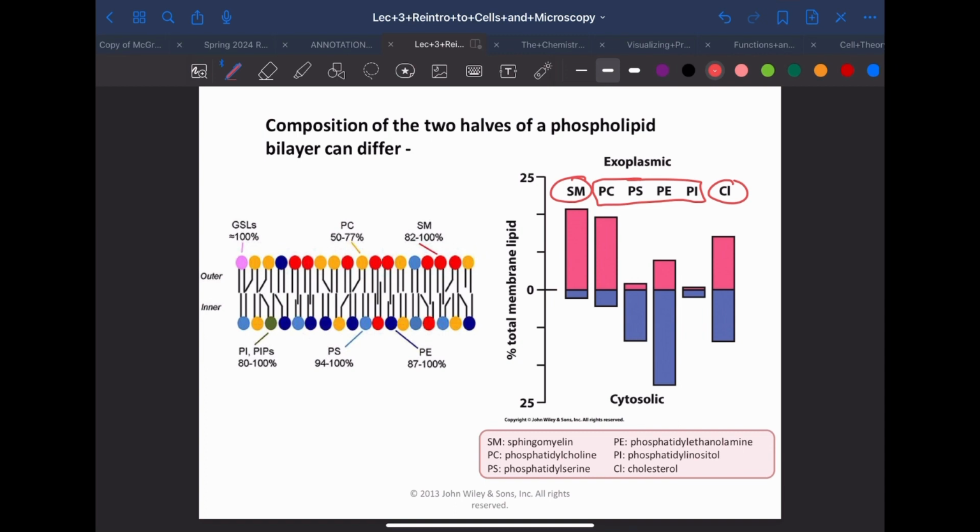So if there's a lot of sphingomyelin or sphingolipids on the top, not so much on the bottom, right? And then same thing with PE, right? Lots of it towards the cytosolic side, but not so much in the endoplasmic side, right? So main idea, they are not exactly the same, right? Not exactly the same.